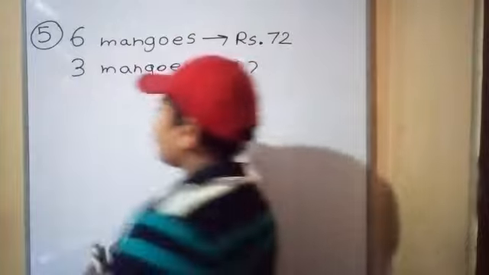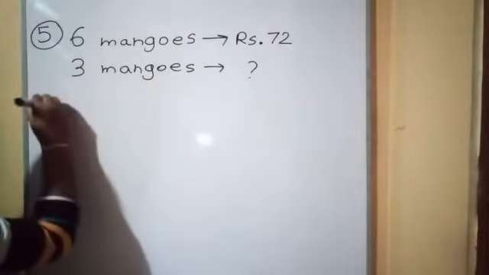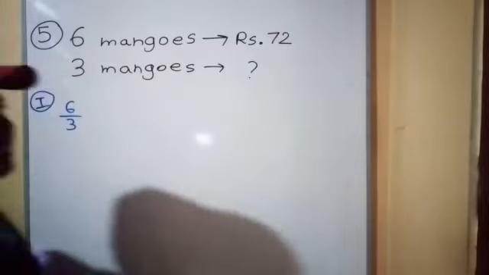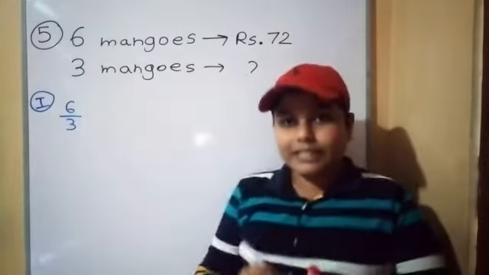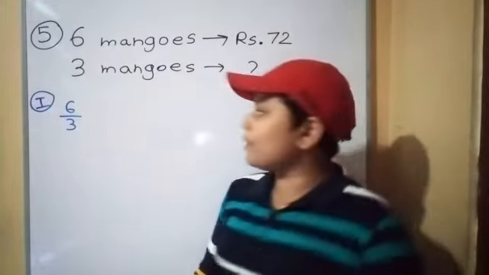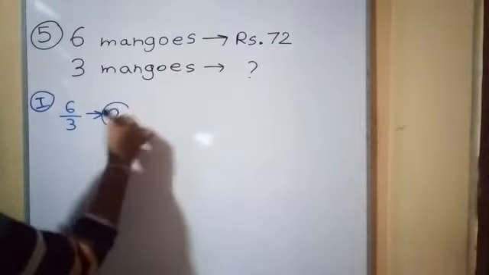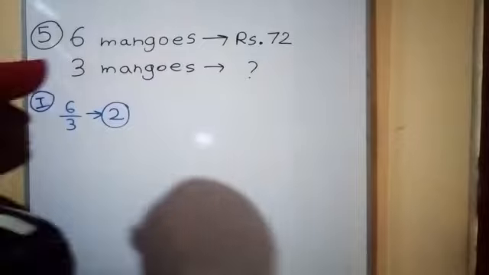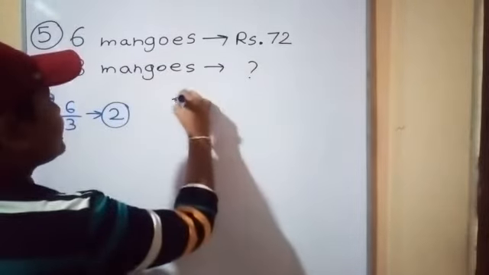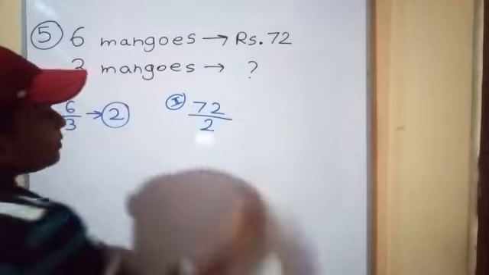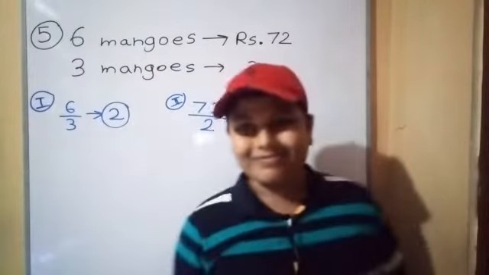The first step is to divide 6 by 3, which gives 2. The second step is to divide 72 rupees by 2.